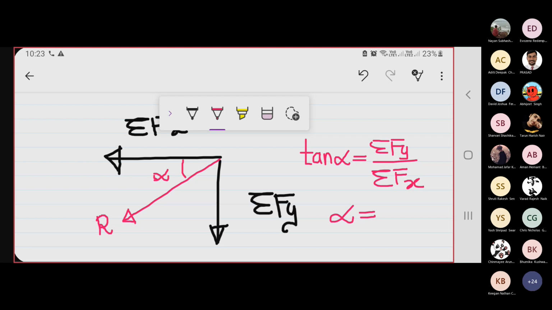After this, because you have to find out the position. Earlier, we know that resultant will be acting at that point because all forces are concurrent, means acting at a point or passing through one point, right? Here, these forces are non-concurrent.